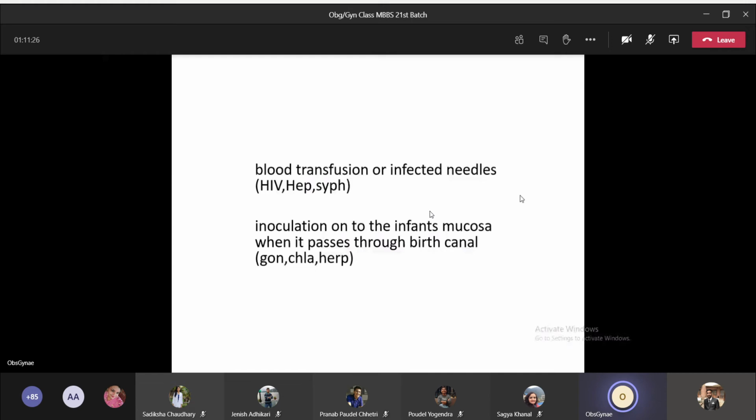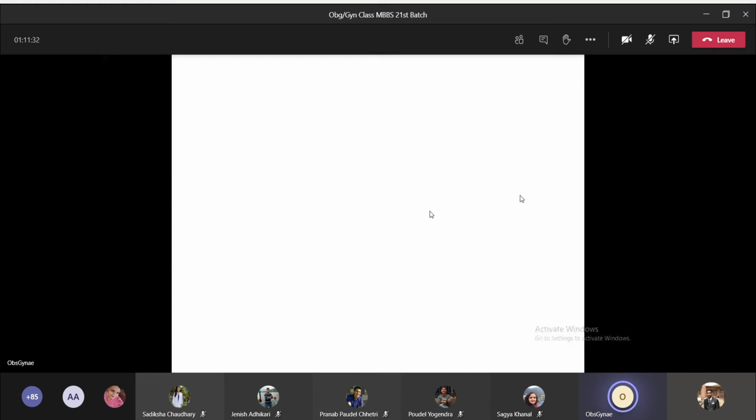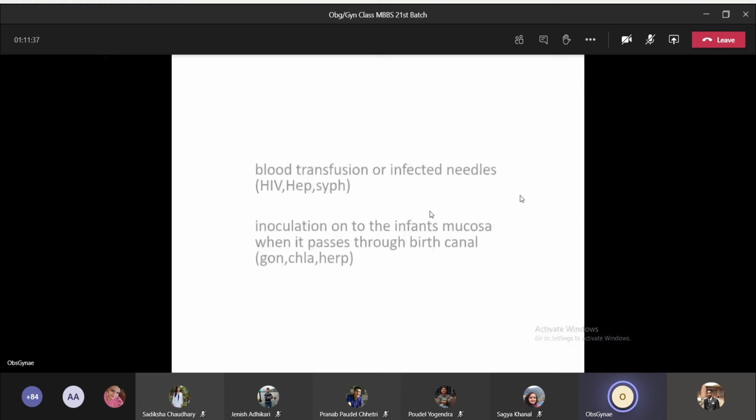So sexually transmitted infection spreads not only by sexual contact, but also by placental transmission, blood transfusion, and inoculation of the infant's mucosa through the birth canal.